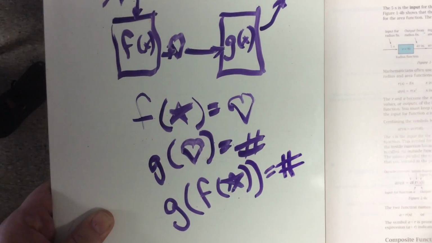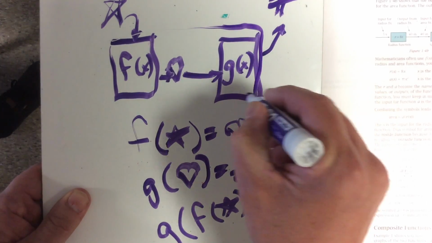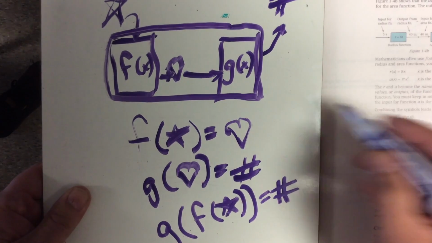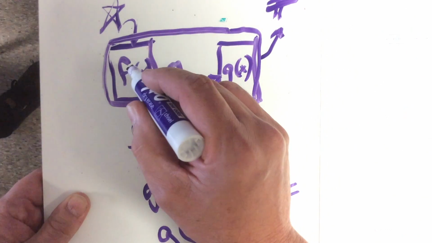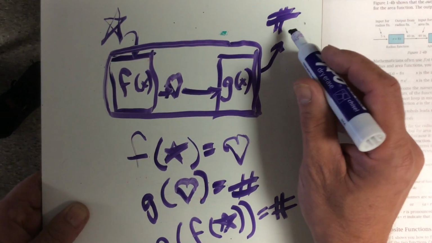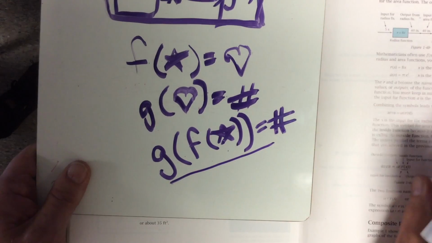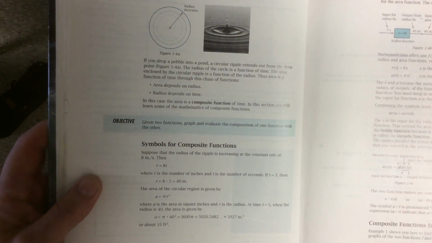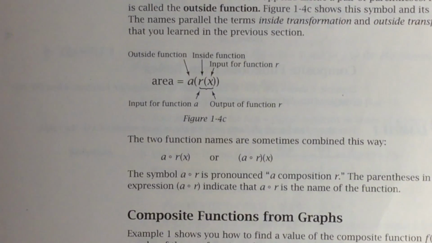When I'm doing this, I'm treating this whole thing as one big box, one big function. What happens in here doesn't matter. What goes in here and what comes out here is what matters, and that's the composite function. And the composite function can be written in a number of different ways, the notation of it.